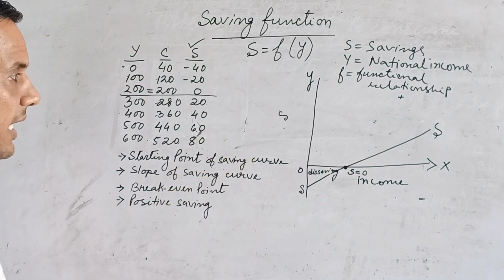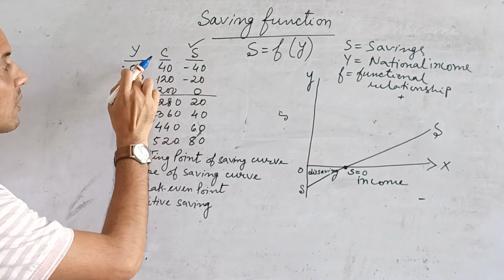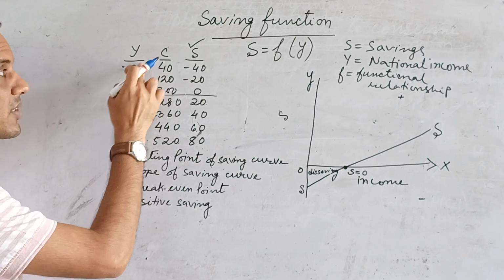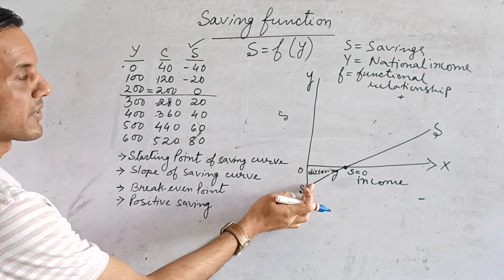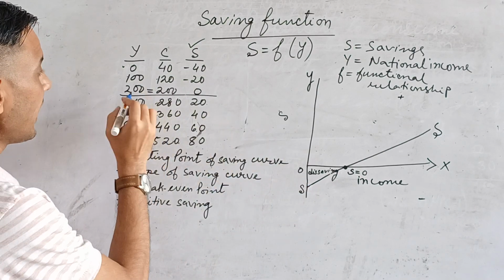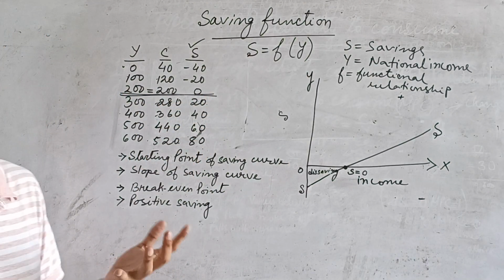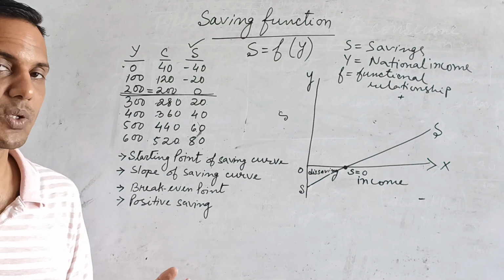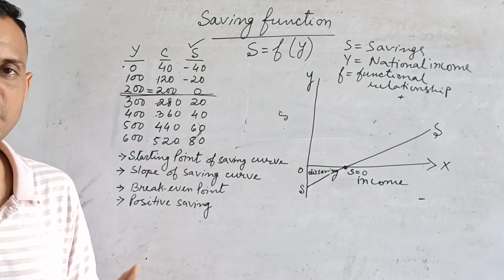Is it clear? Again, you see your savings is minus 40 when income is equal to 0, because consumption is 40, the autonomous consumption. So your savings curve starts from this negative part. When 200 is equal to 200, income and consumption are both equal. In the last video, we came to know that this is called the break-even point, where savings is 0.